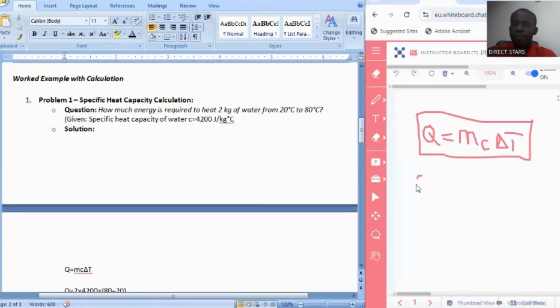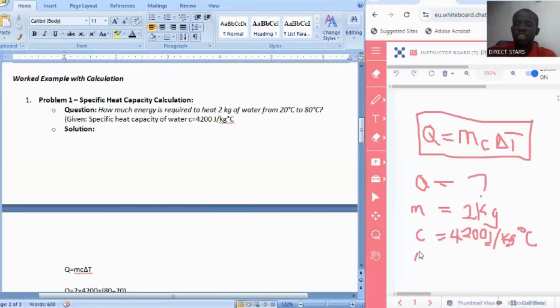Already we know that we're looking for Q. Q is unknown, so we put a question mark there. Then M is the mass. The mass is given as 2 kg. Then the specific heat capacity of water is given as 4,200 joules per kg degrees Celsius.